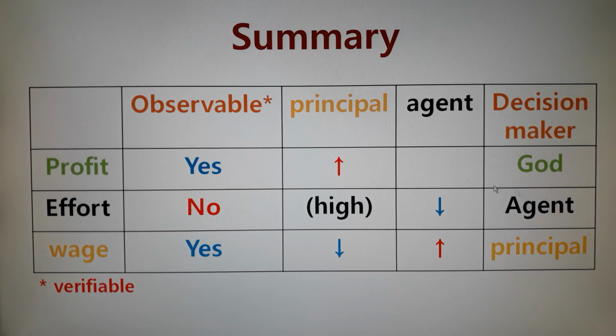I put God. The profit is actually decided partially by the effort level of the agent. However, who has the final say? Because even if you study harder, your grade may be lower. The part-time worker Bill works harder, still the convenience store profit may be lower, or Bill does not work very hard, but somehow the profit can be high.